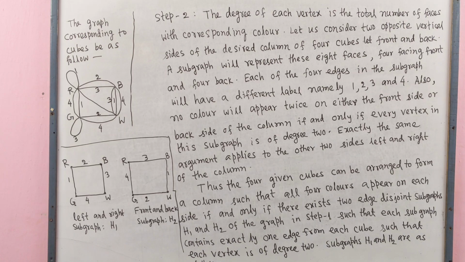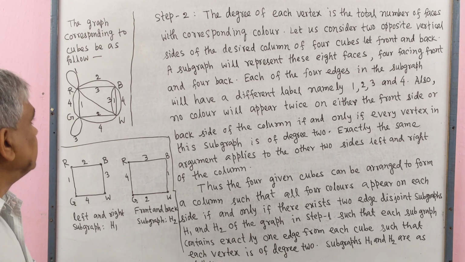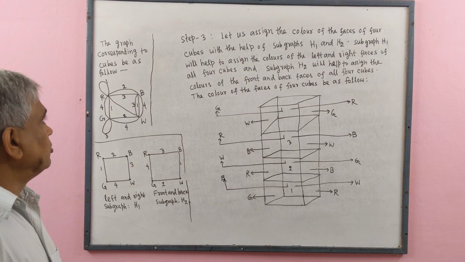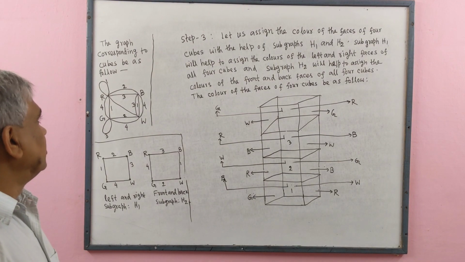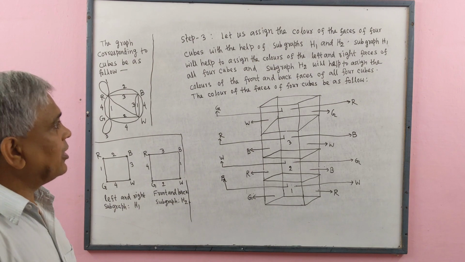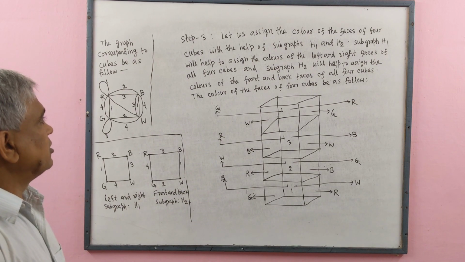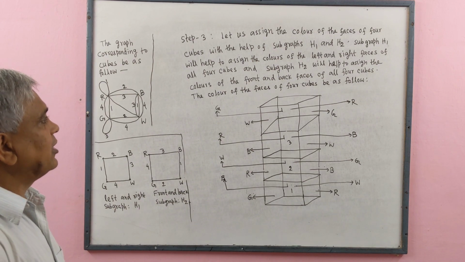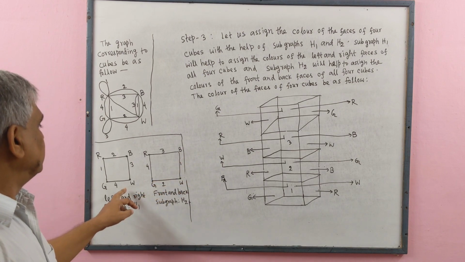So now we go to step 3. Let us assign the colors of the faces of the 4 cubes with the help of subgraphs H1 and H2.